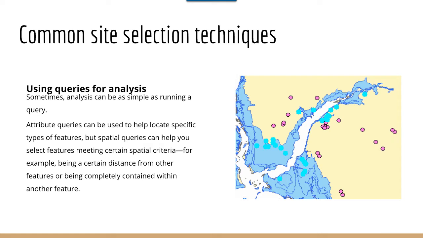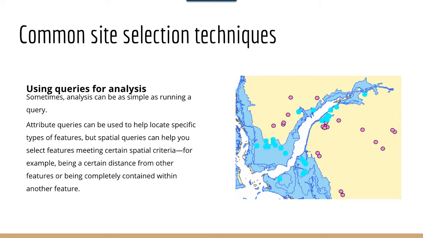You can do a query in the North Carolina counties layer for all of the counties with a population greater than 100,000. That's going to result in a selected set of features of all of the counties greater than 100,000. That's asking a question of the data and getting an answer.